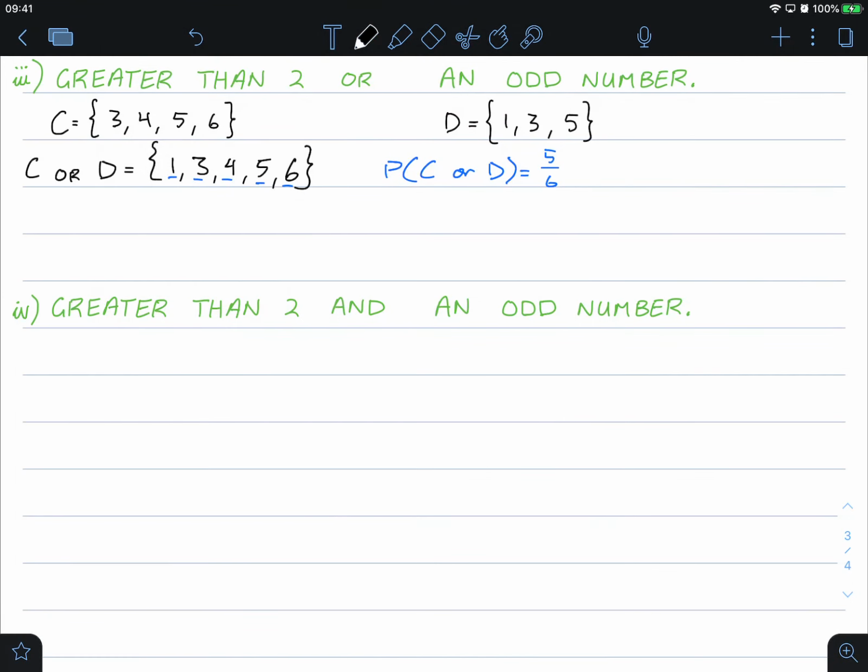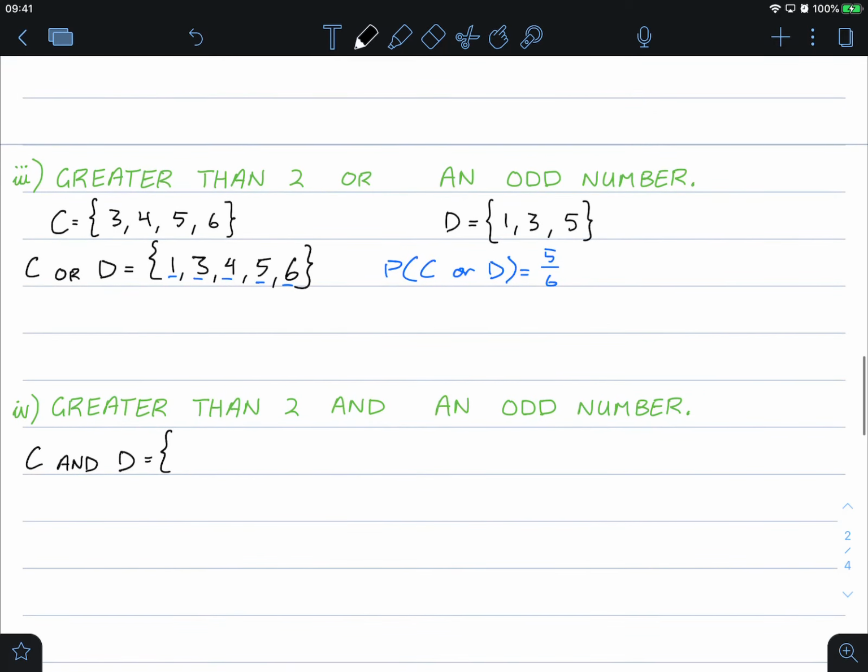Greater than 2 and an odd number. So that's C and D. Now we're looking for numbers that are only common to both. Let's highlight them here. There's a 3 in both, and there's a 5 in both.